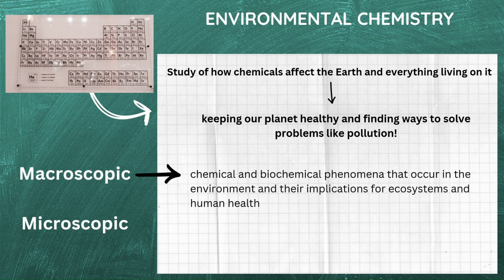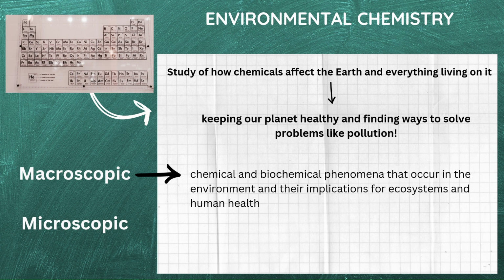At the macroscopic level, environmental chemistry studies the chemical and biochemical phenomena and processes that occur in the environment, plus their implications for the ecosystem and human health. One such example of a biochemical phenomenon is photosynthesis, which is a process used by plants to produce their own food.